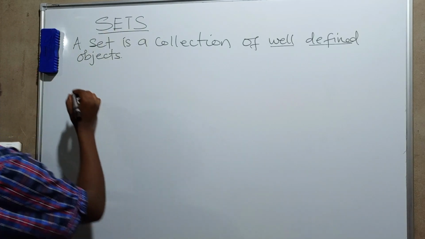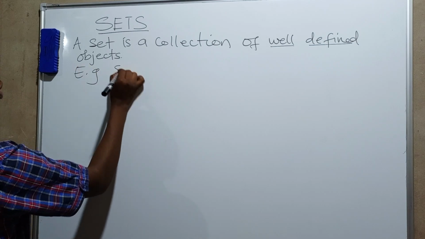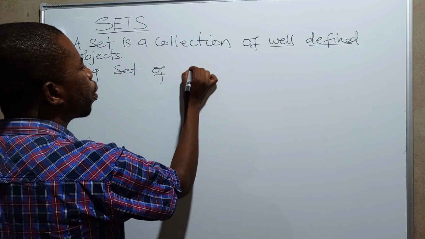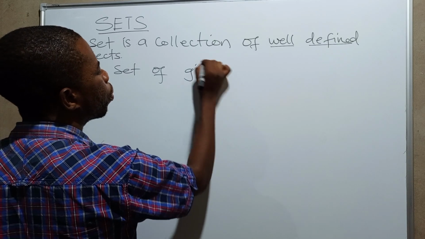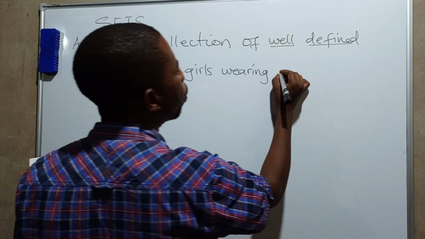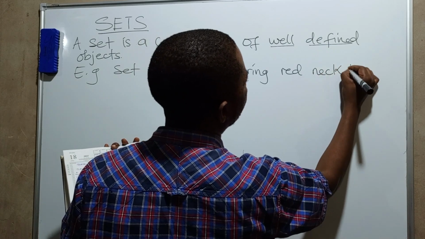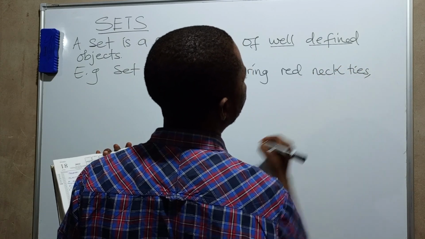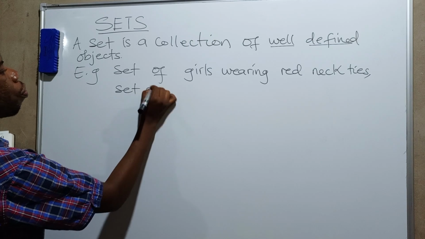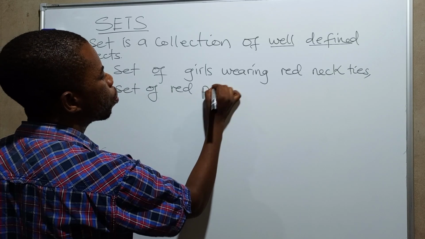Now, for example, we can say a set of girls maybe wearing red neck ties. We can also say a set of maybe red pencils.